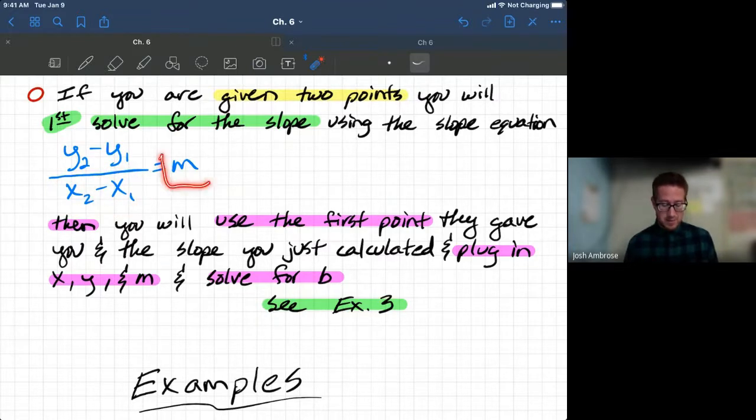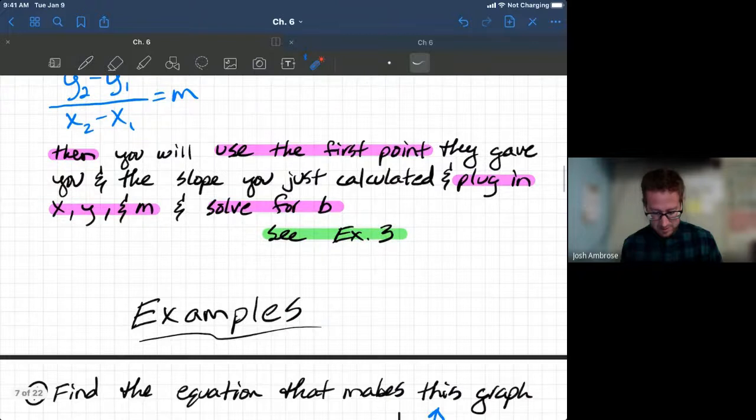That's going to give you your slope. Then once you have the slope, this is key: go ahead and use the first point, then use the slope, and do it just like you did in example 2. We're going to plug it back in. So follow along with me. Here we go in our example problems.